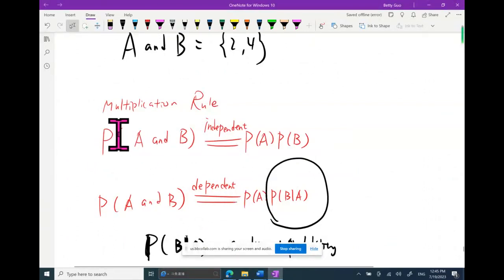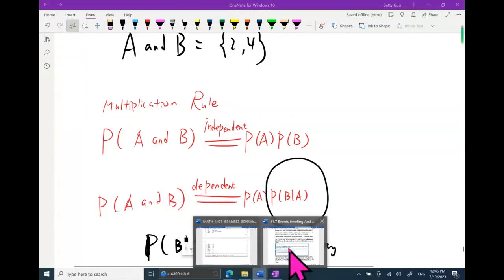The formula to compute the P of A and B when the two events are independent is quite simple. Just multiply the probabilities of the two events. And that formula is only true when A and B are independent.